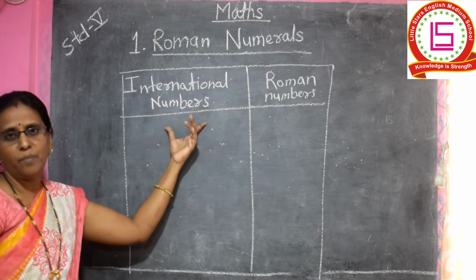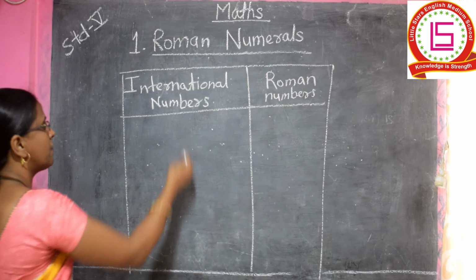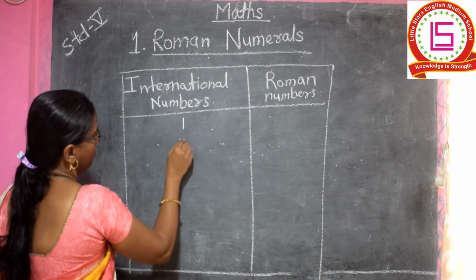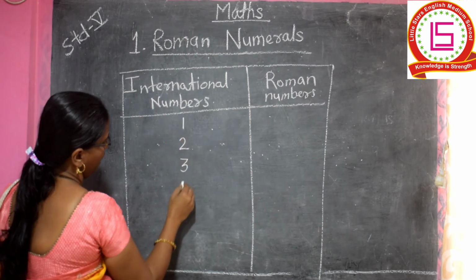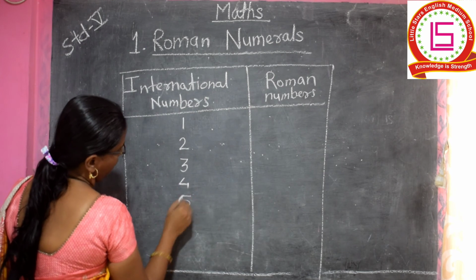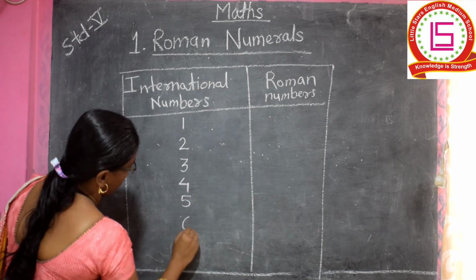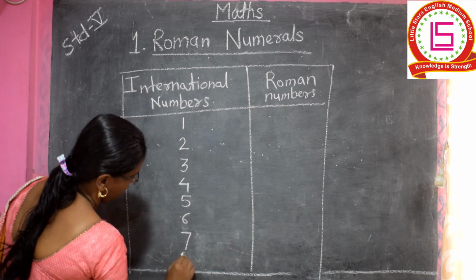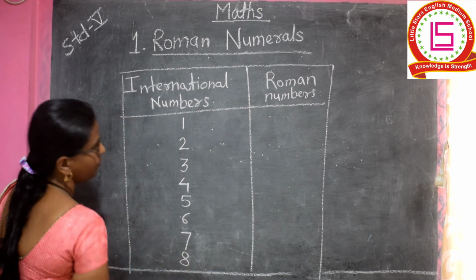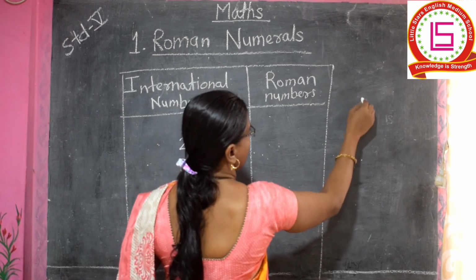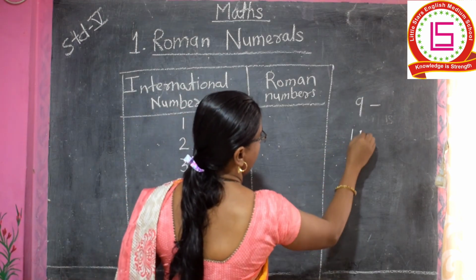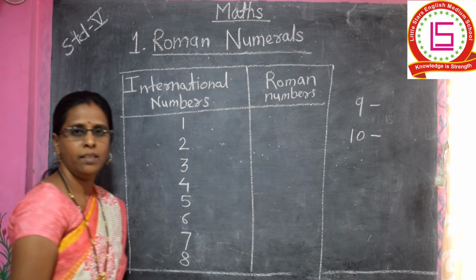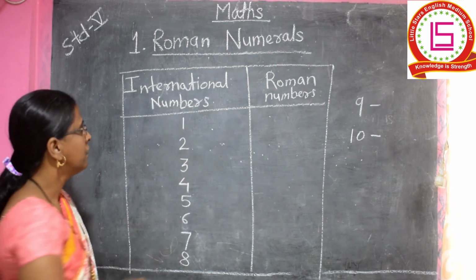Our English numbers are called international numbers. That's why you write here 1, 2, 3, 4, 5, 6, 7, 8, 9 and 10.